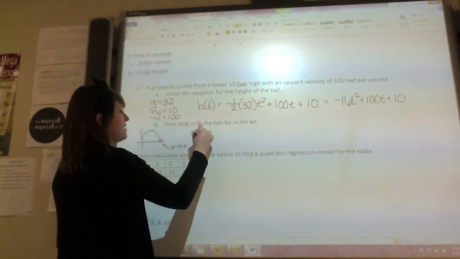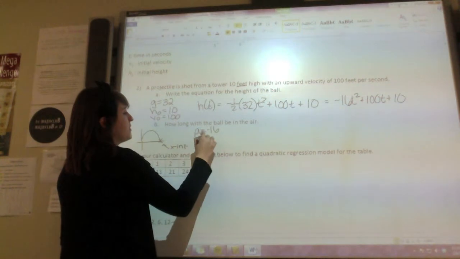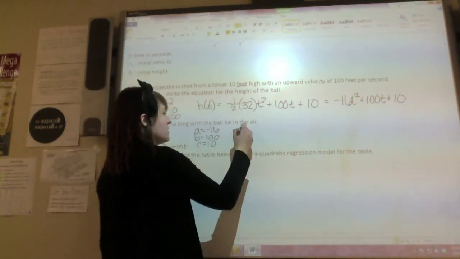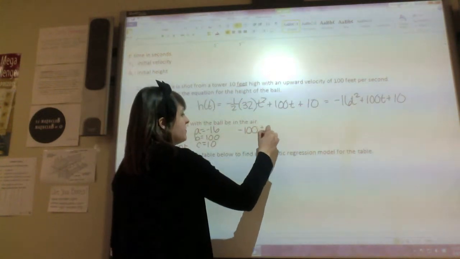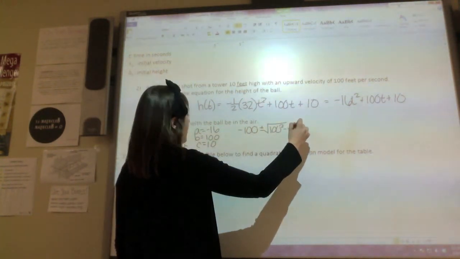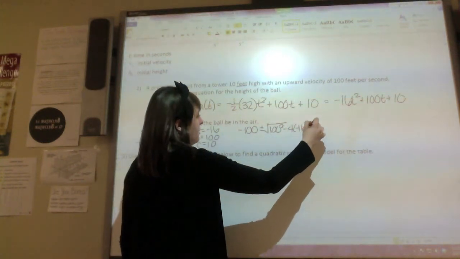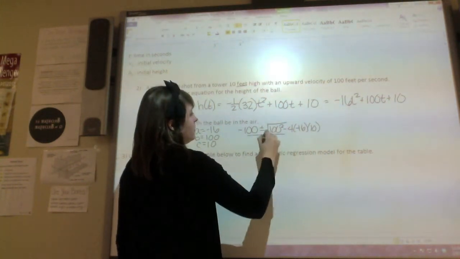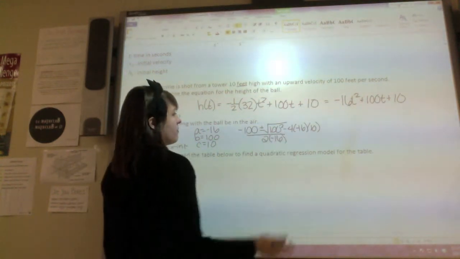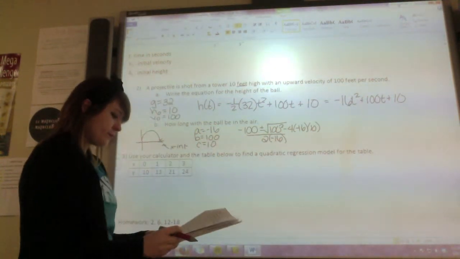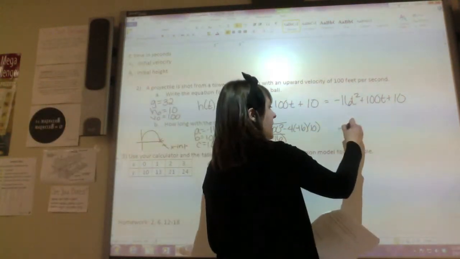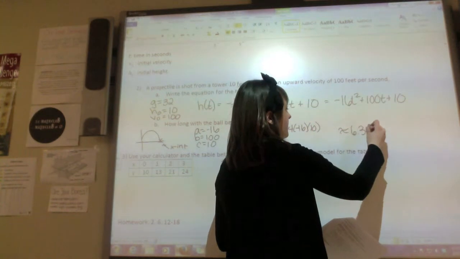So I've got a equals negative 16, b equals 100, and c equals 10. So I've got negative b plus or minus radical b squared minus 4ac over 2a. Okay. And when I plug that into my calculator and solve it all out, I get approximately 6.34 seconds.